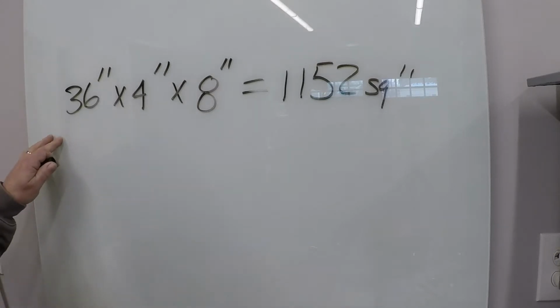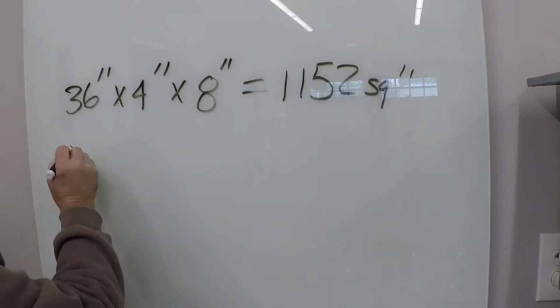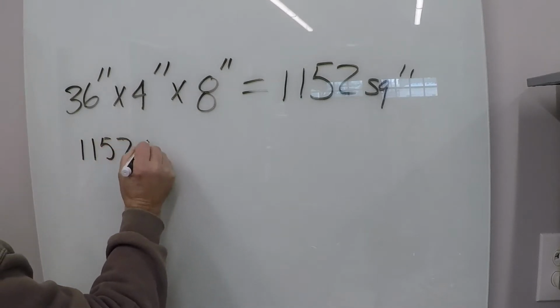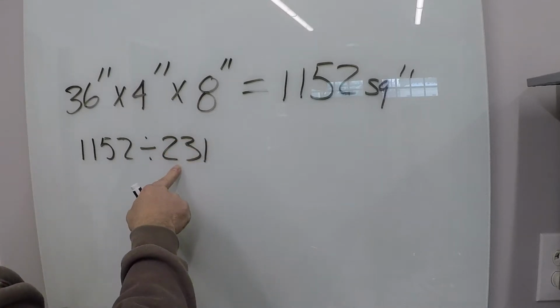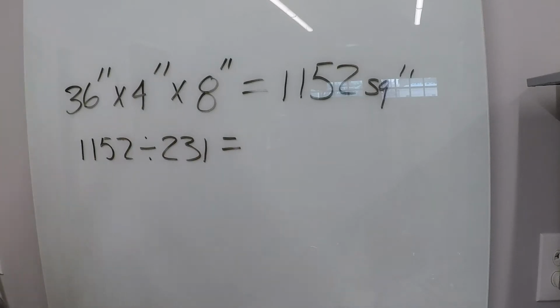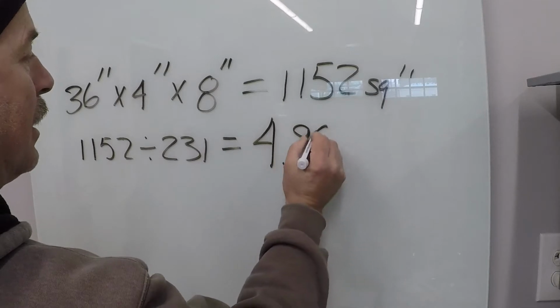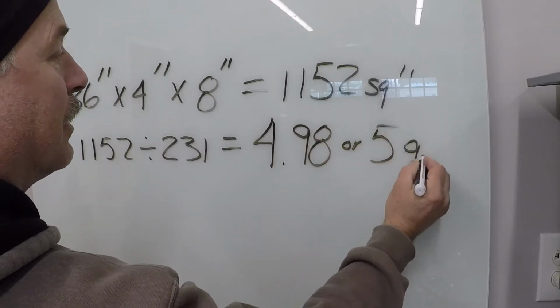And how do we know that? I'm not really wicked smart. My telephone told me that. So if we take 1152 and divide it by 231, which is the cubic inches to a gallon, it equals 4.98, or 5 gallons.